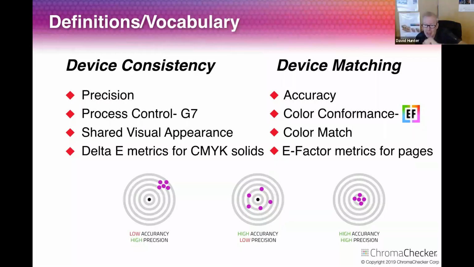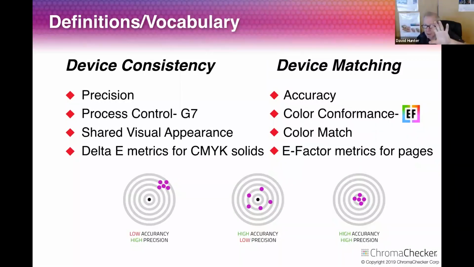But in the middle, if I'm doing some G7 curves, I can get a higher level of accuracy. But if I'm not calibrating my printer, I'm not necessarily getting the consistency. So I've got high accuracy and low precision. And then on the right is a scenario where I've got both a very high level of color accuracy and a very high level of color precision.